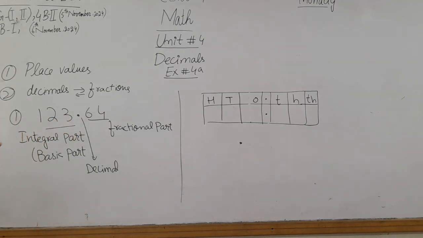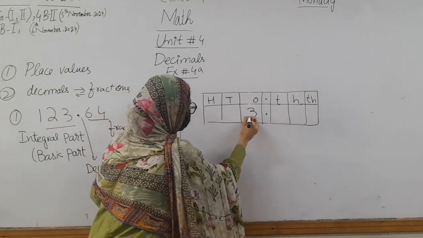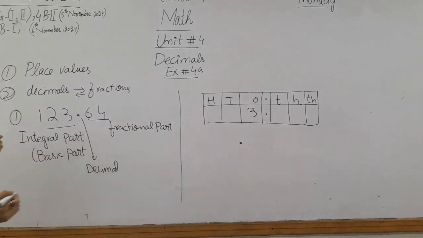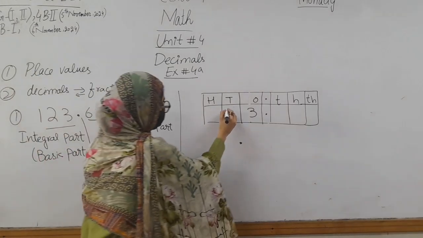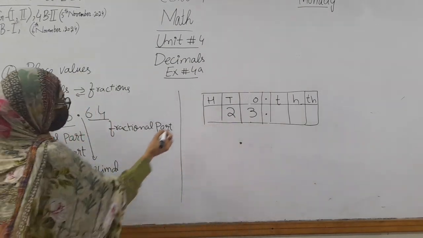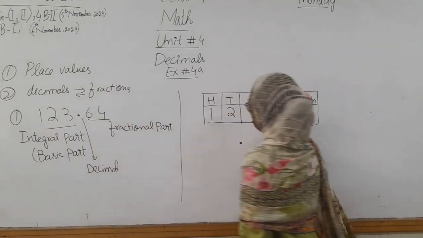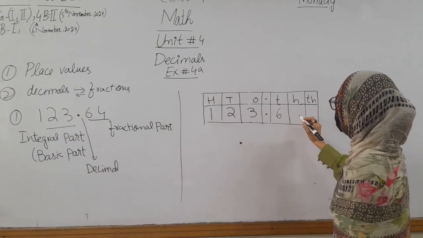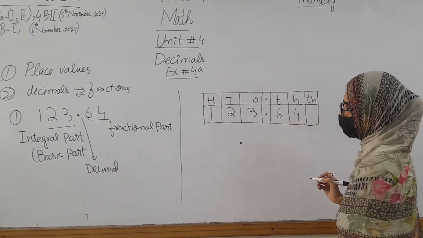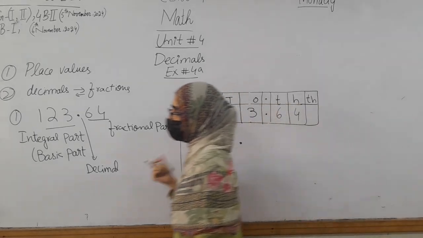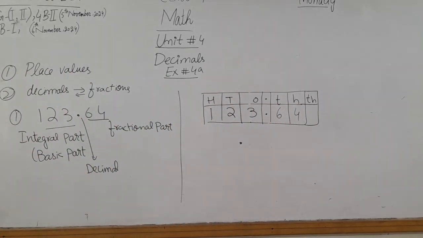Now tell me class, tell me Eamon, which value is going to be written in ones? Good. 3. And which value do we write in tens? 2. And hundreds? 1. And after the decimal we write 6 in tenths and 4 in hundredths. So this is the way we put the value in the place value table.